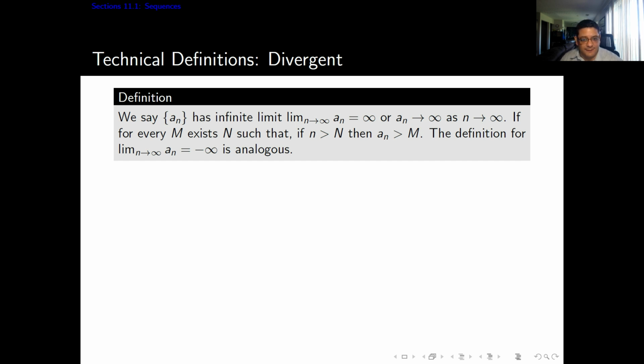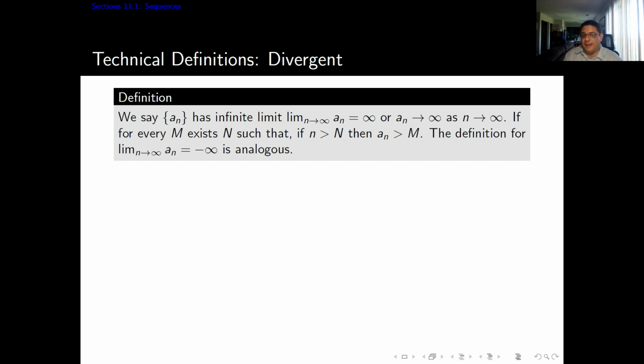If a_n has an infinite limit, then that means there exists a number M such that if we go past a certain N, then the sequence is always going to be larger than that number M. And the definition for minus infinity is going to be analogous. So essentially what we're saying is, let's say that we assume M is 100. 100 is my number M.